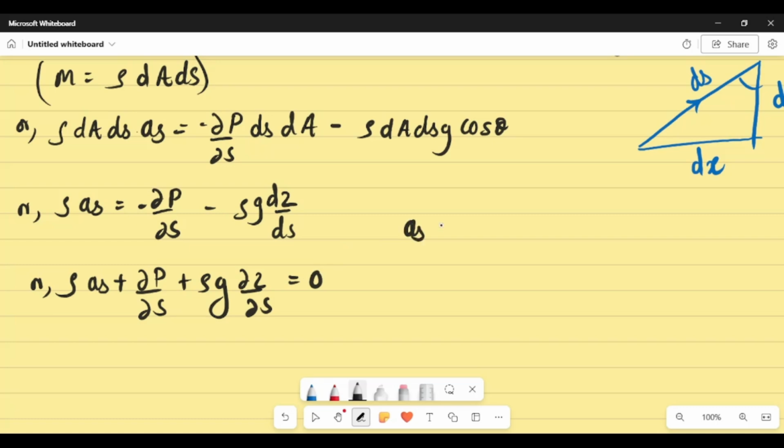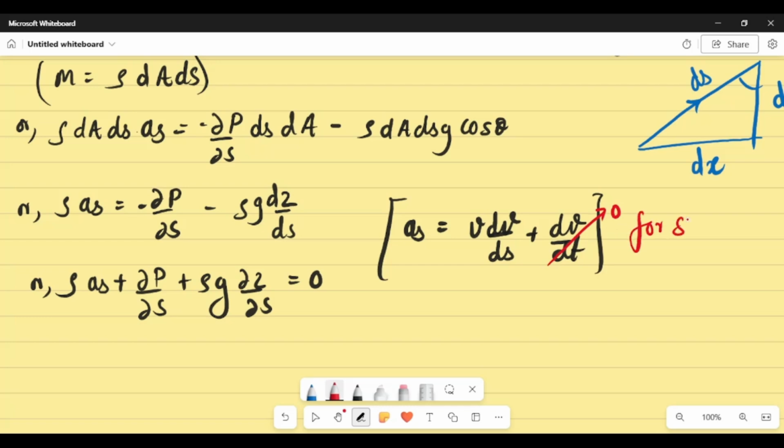We know from partial differentiation that the acceleration of the body is given by v times dv by ds plus dv by dt. This is the general expression for the acceleration. The value of dv by dt is equal to 0 for steady flow, since the velocity does not change with time.